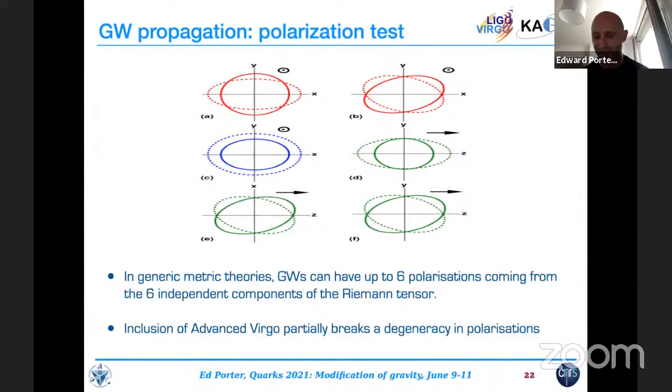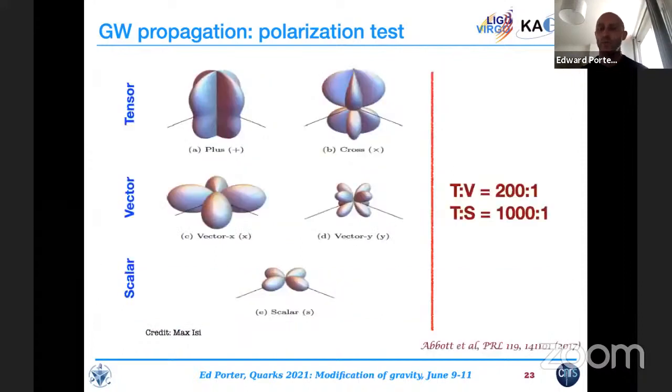Now that we have detectors working all the time, we have enough detectors to break degeneracy in the polarizations. We still don't have enough detectors to make individual measurements of the various polarizations yet.